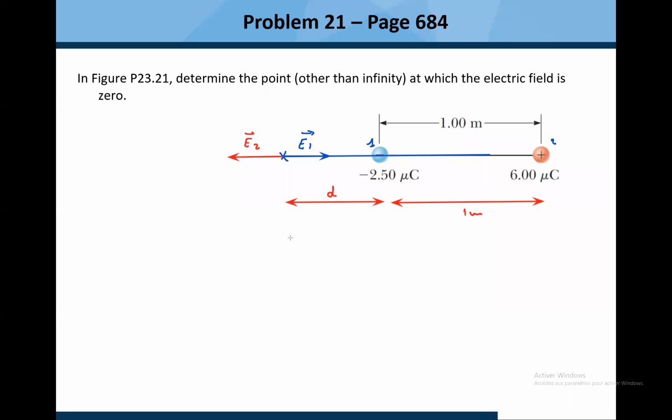So the total distance between here and here equal d plus 1 meter. Let's write the equation. So this is a point P. The total field at the point P equal E1 plus E2.